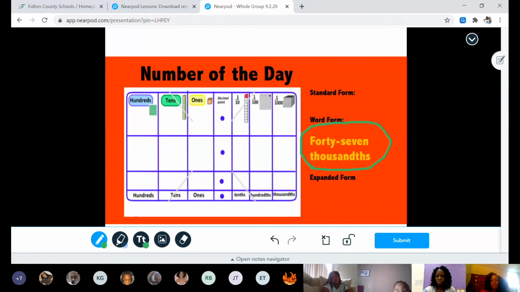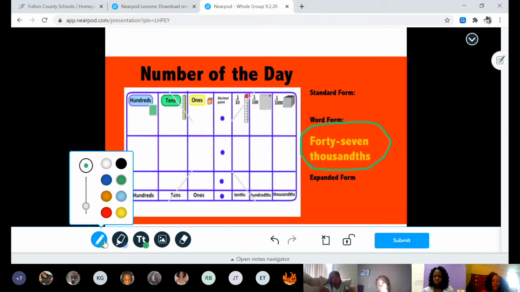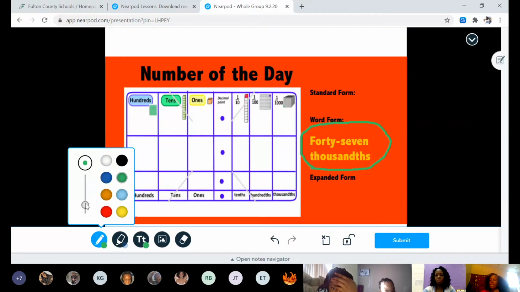Now, I want to put this 47,000 in our place value chart. So I know I go up to the thousands place, and when we have decimals we can usually see if it's separated in word form by the word "and."